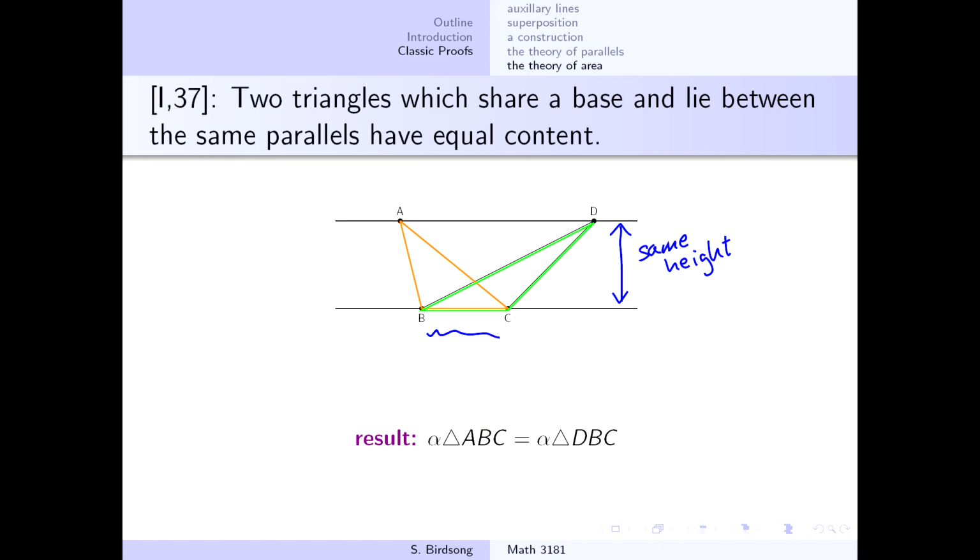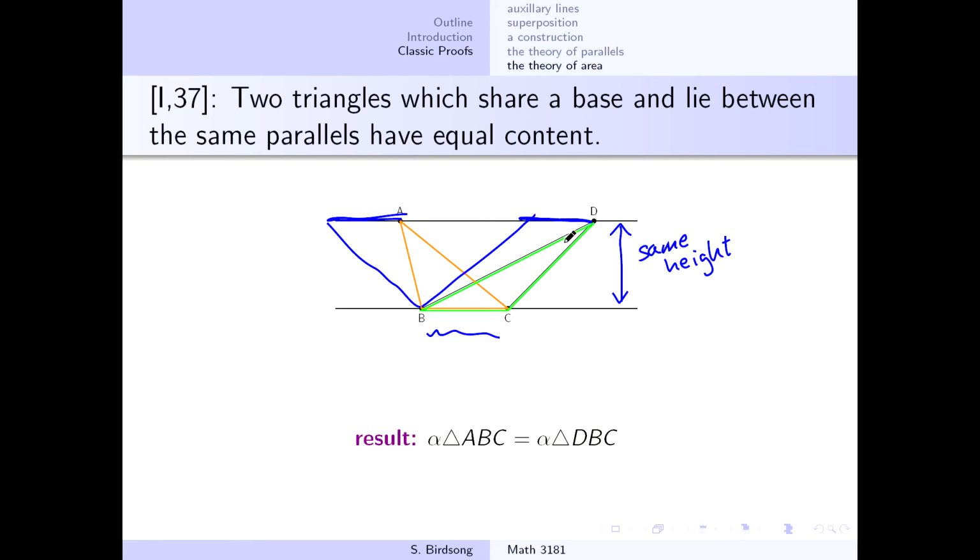Okay. I'm not going to go through the proof of this one, but if you are interested in the proof, what you do is you build up to two parallelograms, so the new parallelogram that is formed with those extra lines.